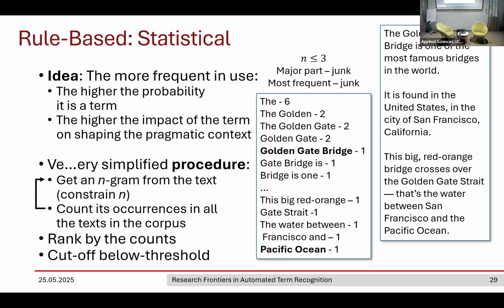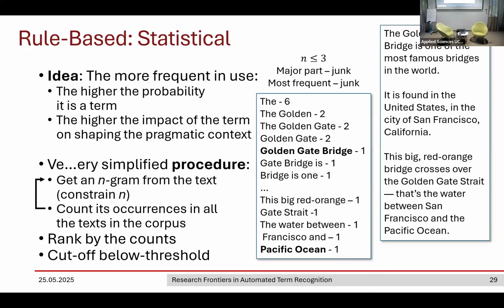It also says that if it's more frequent, the impact of the term on shaping the pragmatic context within the domain is higher, because it is used by more documents written by many authors. So it better reflects the collective sentiment of the authorship within this domain.